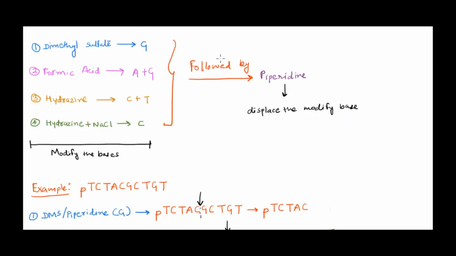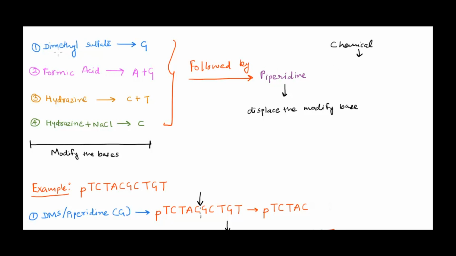So the basic mechanism behind this method is to use chemicals that can remove the particular base. Okay, and that's why it is called chemical degradation or chemical cleavage method. And how that works is, as I said, we need 4 different chemicals for 4 bases because they are going to be specific for that particular base.